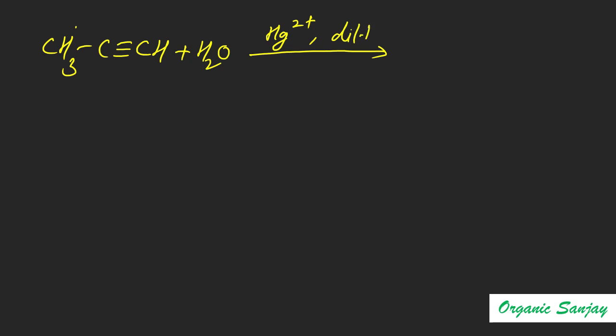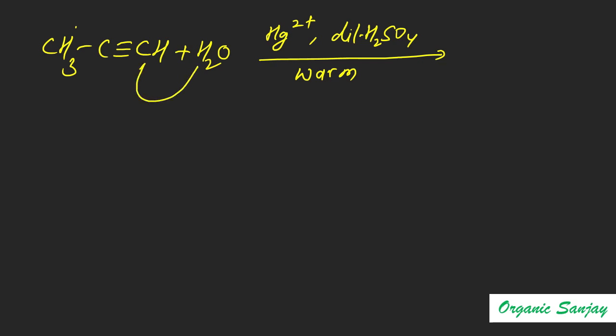Propyne, C triple bond CH, plus H2O in the presence of mercuric ion, Hg2+, and dilute H2SO4, slightly warm. As in the previous reaction, H goes to the carbon which has more hydrogens, and OH goes to the carbon which has fewer hydrogens, according to Markovnikov's rule.